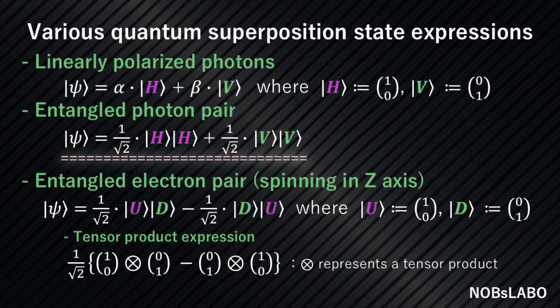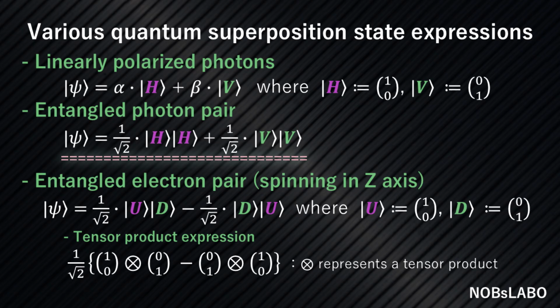The formula in the next row expresses that the photon pair in the quantum entangled state is a quantum superposition state of the basis vectors, represented by ket H, which represents a state in which both are collapsed to horizontal polarization, and ket V, which represents both are vertically polarized.